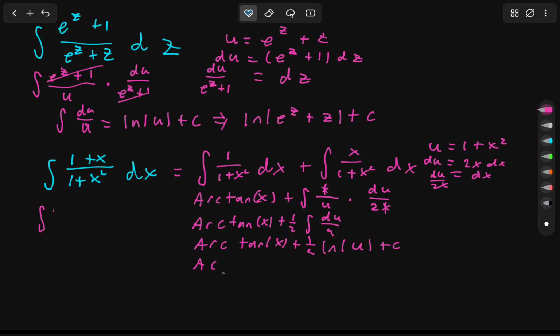Well, we know what u is equal to. u is just 1 plus x squared, so we can plug in 1 plus x squared into the natural logarithm. So we'll get this expression, arctangent of x plus 1/2 the natural log of 1 plus x squared plus c for our answer to the integral.